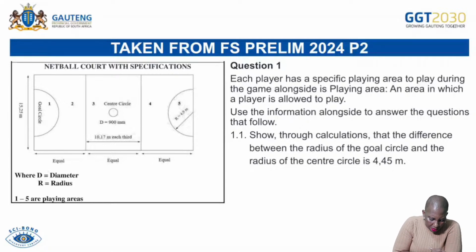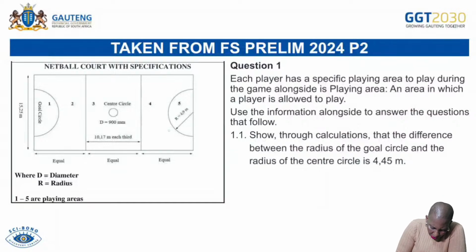In millimeters. Now a question says use the information alongside to answer the questions that follow. Show through calculations that the difference between the radius of the goal circle and the radius of the center circle is 4,5 meters. Now let's have a look. What are we having?